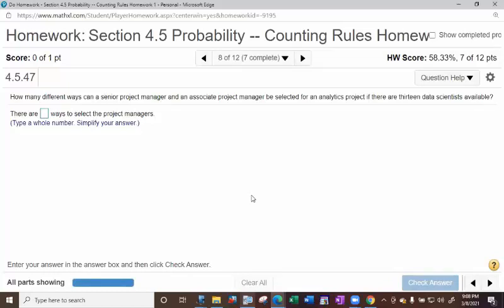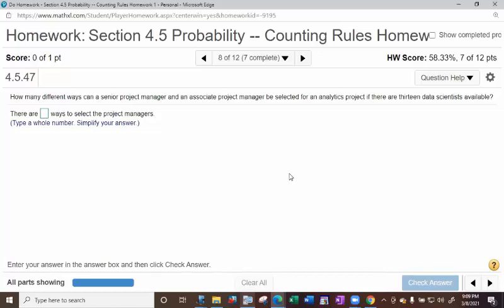How many ways can a senior project manager and associate project manager be selected if there are 13 data scientists? Okay. Senior project, associate project, different rankings. That's 2 people. So there's your number 2. And the order matters.